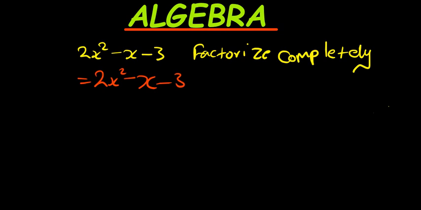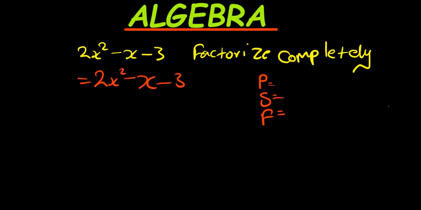In the factorization method, there is a rule which we use, known as the product, sum, and factor rule. Now you have to understand how to find the product and also how to find the sum.